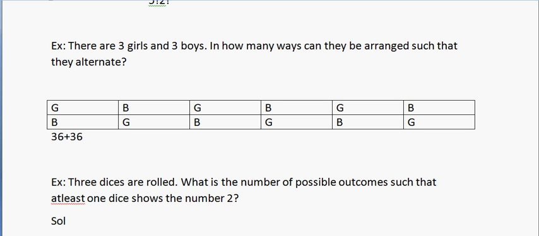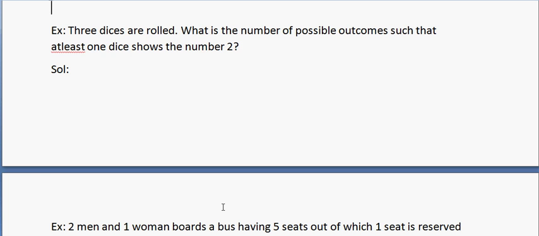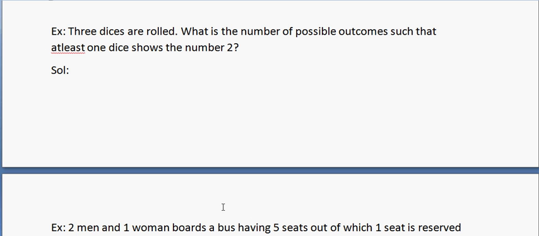I'll give you around 1 minute to solve this, then we'll do it together. So let's do it.